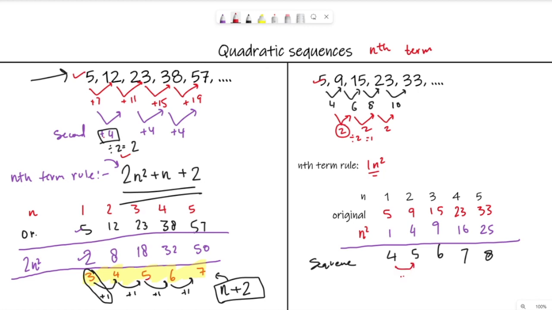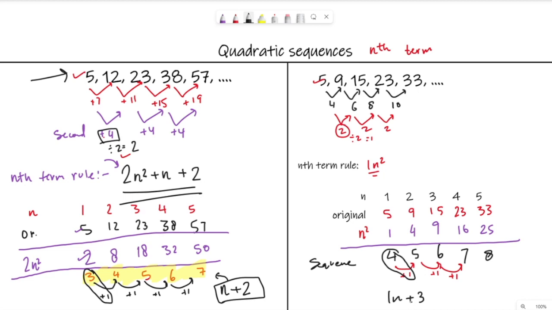So let's see the difference. It's plus 1, plus 1, plus 1. Definitely it's an arithmetic sequence. So the nth term for this one is plus 1, 1n. Sorry, 1n, not n square, 1n. Okay, and then we find the difference between the difference and the first term. 4 minus 1 is plus 3.